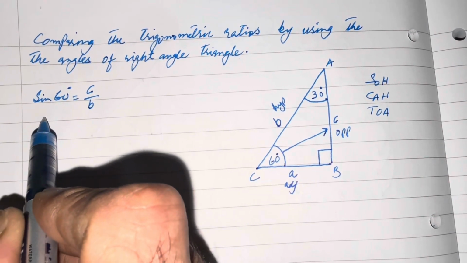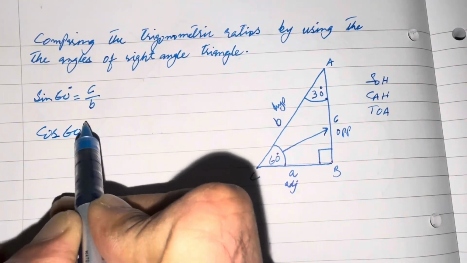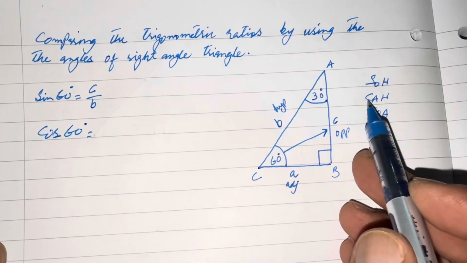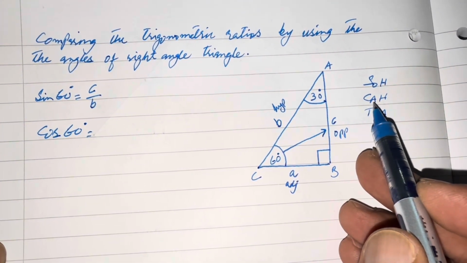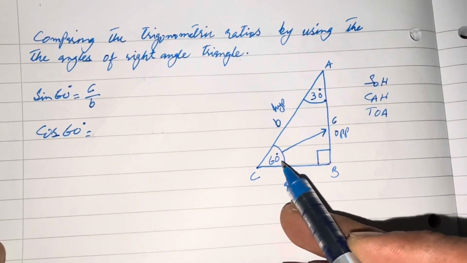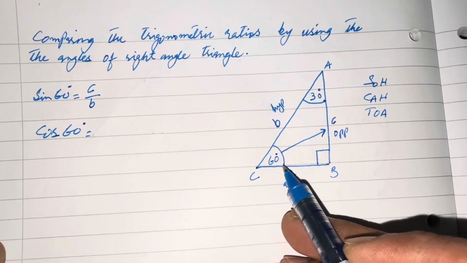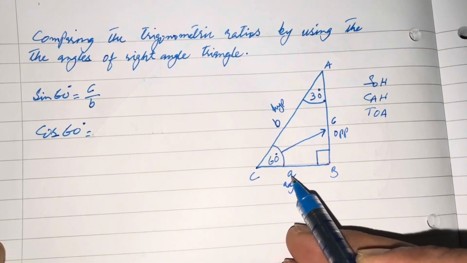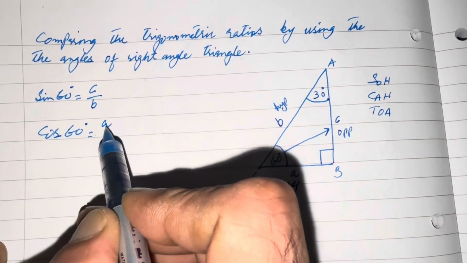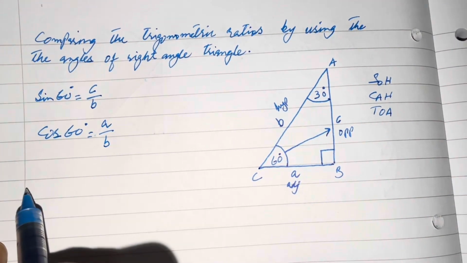So the second ratio is cos 60. Cos is equal to adjacent over hypotenuse. So with respect to angle C, cos 60 will be equal to the adjacent side, a, divided by the hypotenuse. So we can say that cos 60 will be equal to a divided by b.